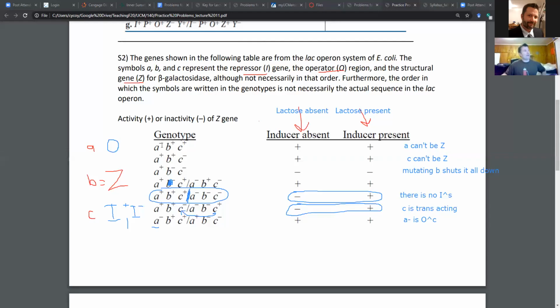So you could go all the way back up here and look at this. Oh, so that's an OC, functional repressor, functional gene. Would it be plus plus? Yes. Okay, if C is I, you break I, is it constitutive? Yes, it is. If we look at that one we kind of skipped, is it constitutive?